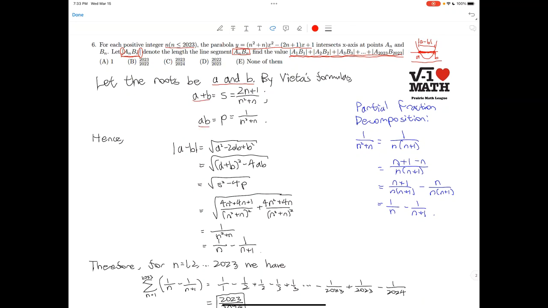Now, the sum of the roots of any parabola is equal to the center term divided by the outer term, and take the negative. In this case, the center term is already negative, so we divide it by the first term to get negative 2n plus 1 over n squared plus n, and the negatives cancel.